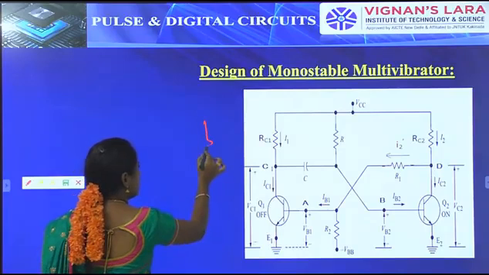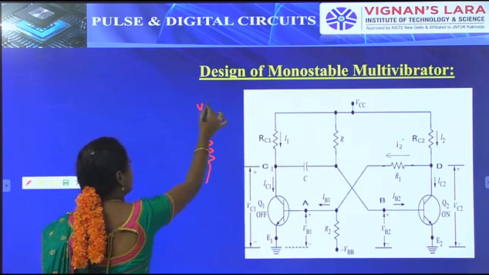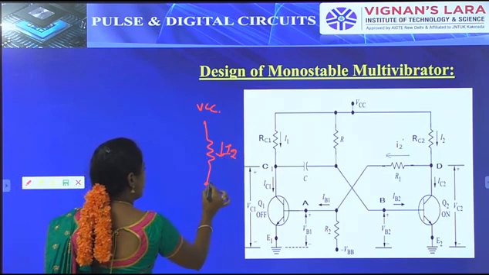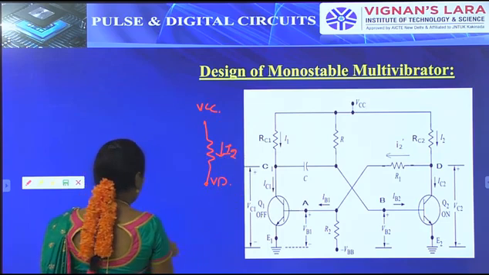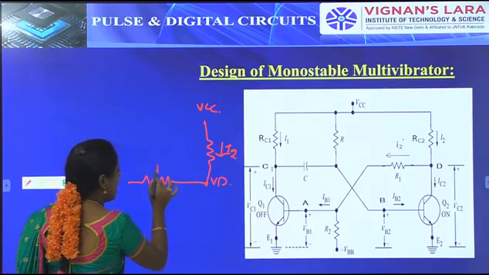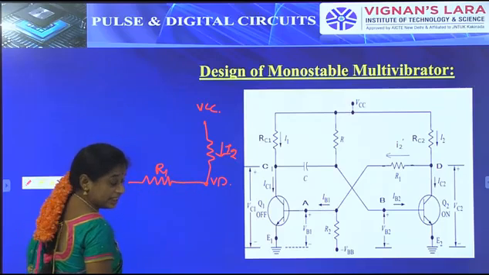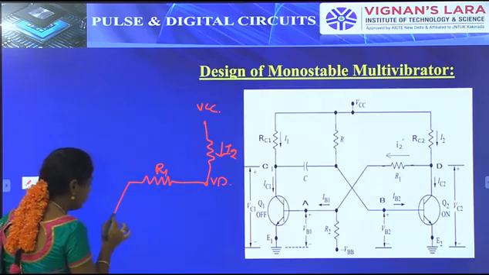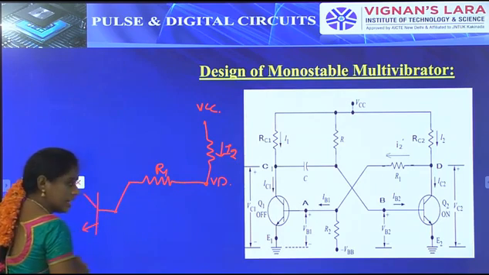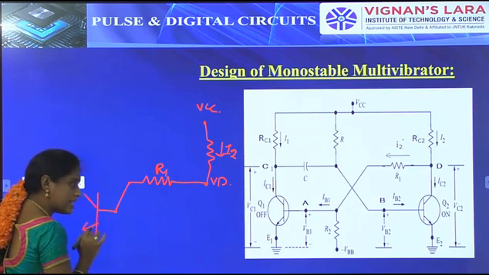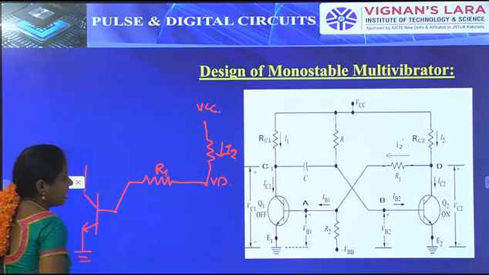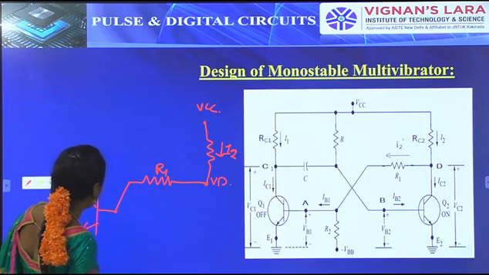The VCC voltage is given to I2, and here this will be VD. This will be split here into resistor R1. After that resistor, this will be given to the transistor Q2. At the same time, another resistor will be connected here.